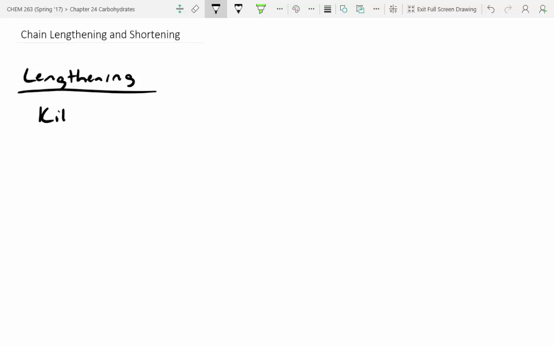All right, so a couple more reactions for this chapter. This one involves chain lengthening and chain shortening of carbohydrates. So let's do lengthening first. Chain lengthening is referred to as the Kiliani-Fischer synthesis.